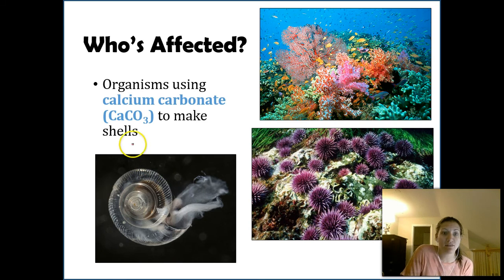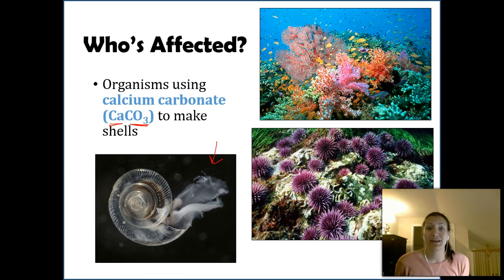If you look at the molecular formula, we have calcium and we have carbonate. What these organisms do, like snails, urchins, corals, is they take carbonate out of the water, they take calcium out of the water, they put it together to make a shell. And without those shells, those organisms couldn't exist at all.